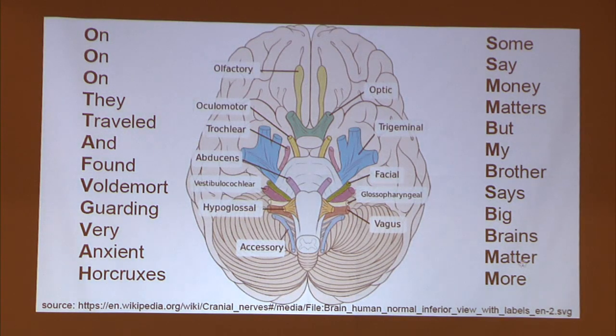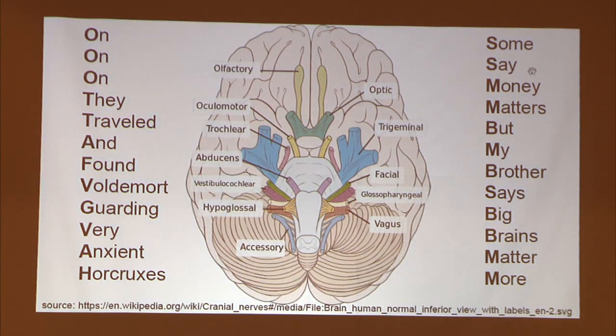To the right is a saying that helps you remember whether the nerves are sensory, motor, or both, and it matches up with the number. It says, some say money matters, but my brother says big brains matter more.